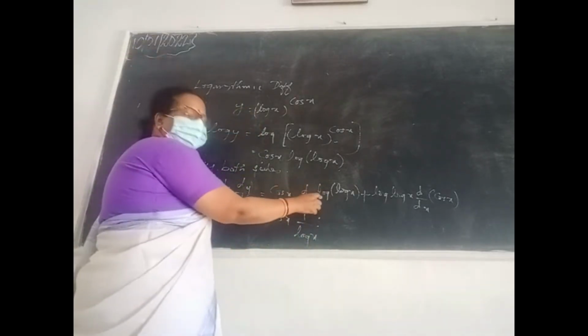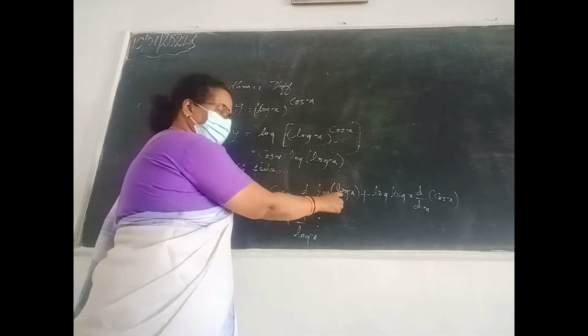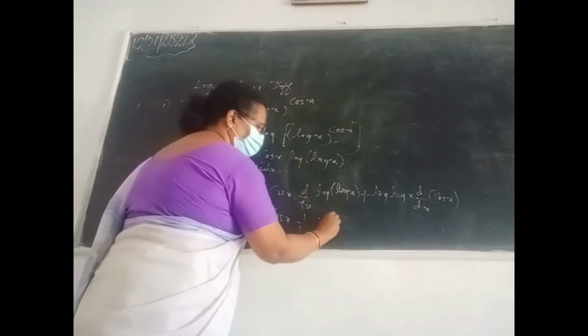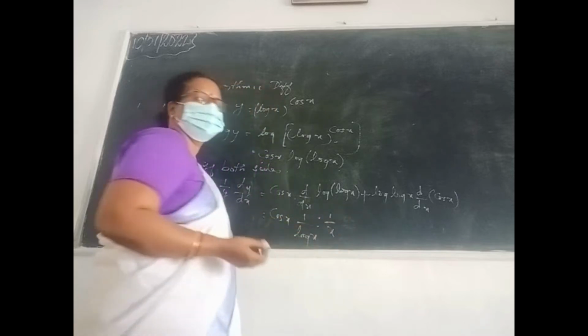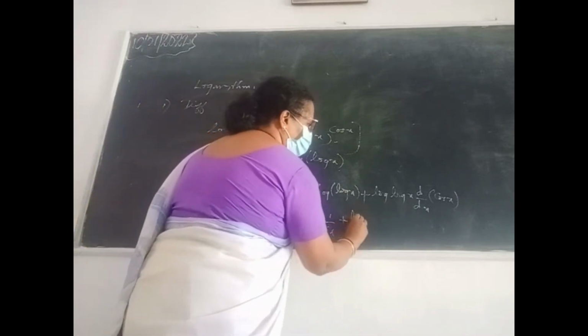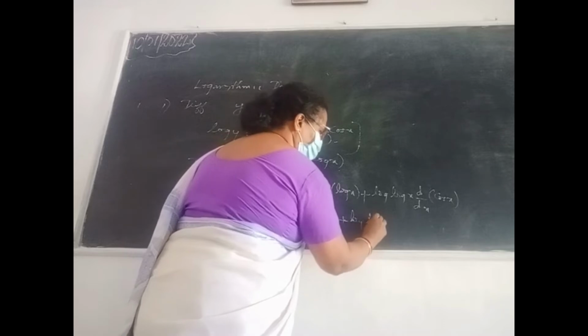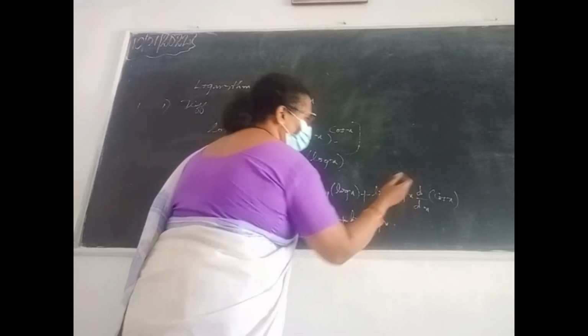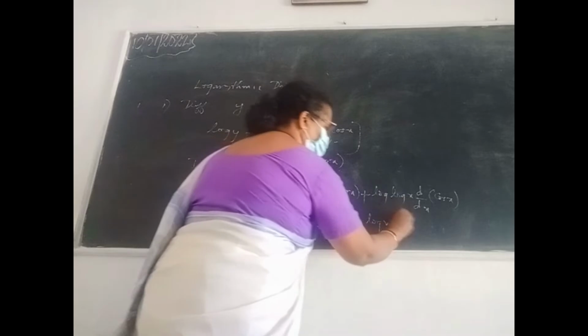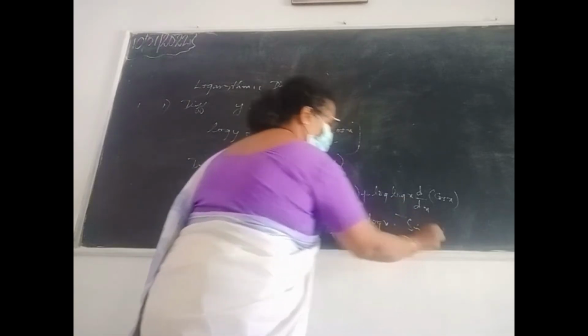With respect to this log we did. Now with respect to this log we have to do. What is derivative of log x? 1 by x, plus log of log x into d by dx of cos x, negative sin x.